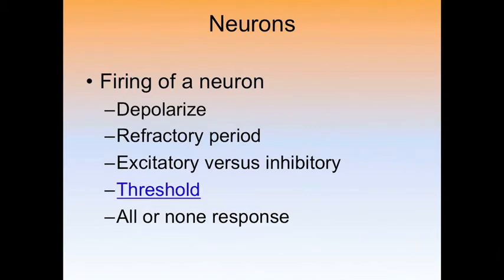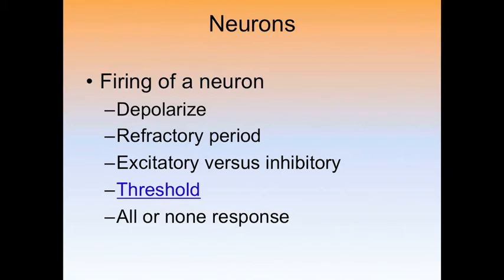Depolarization is the term we use when those walls open up and the positive ions are let in. Refractory period, remember, means that once that neuron has activated, it can't activate again for a certain amount of time. Each neuron's different, but after it's been stimulated and fired down and had that impulse, time has to pass before it can do it again.